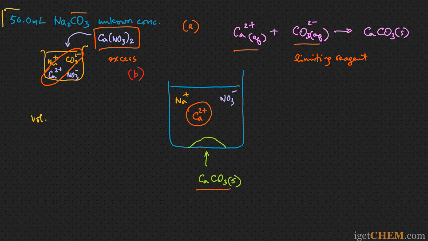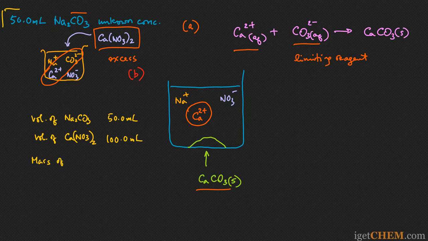The volume of Na2CO3 solution is 50.0 milliliters, as we have seen. The volume of Ca(NO3)2 that is added is 100.0 milliliters. And finally, you can weigh out the mass of the precipitate after you filter it out and dry it.